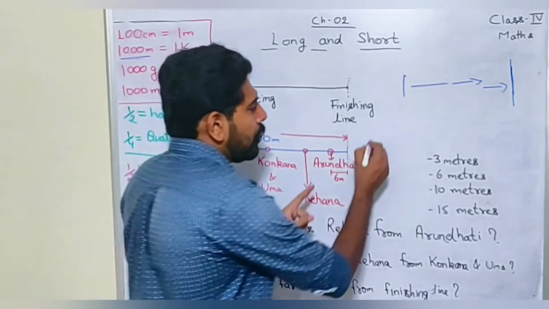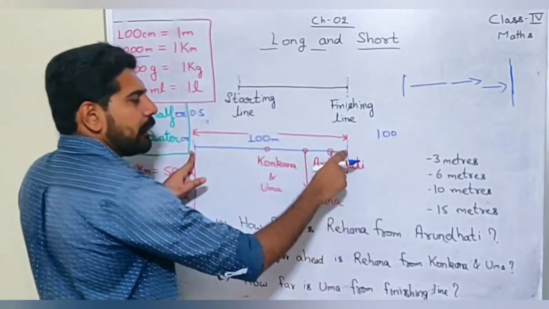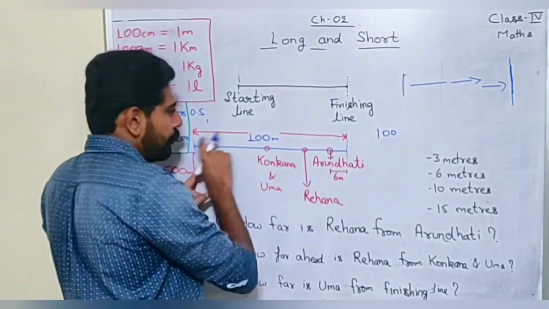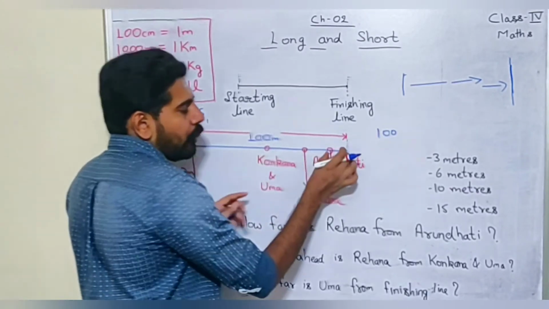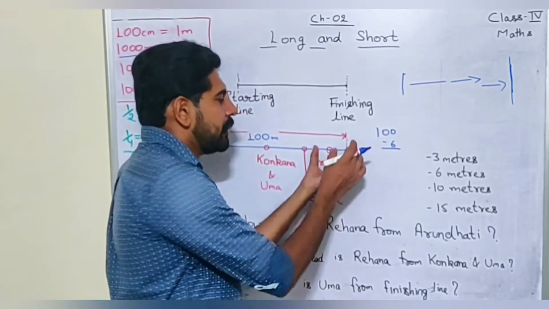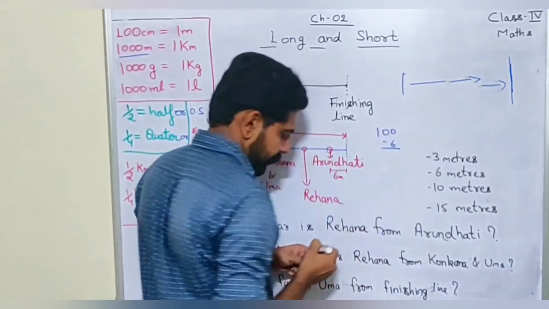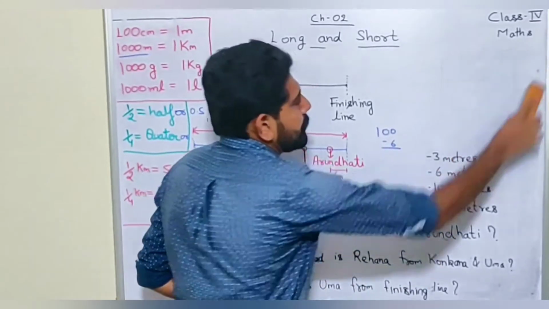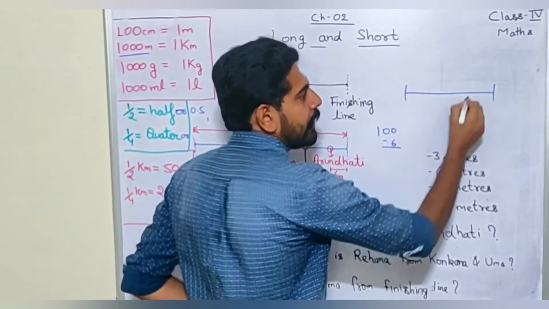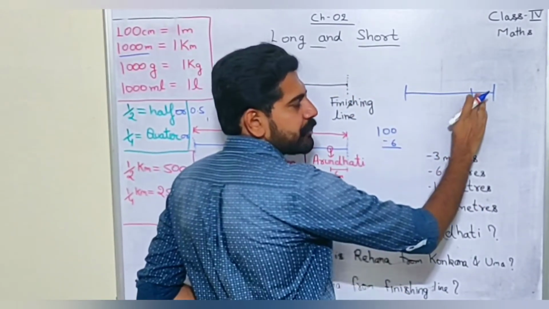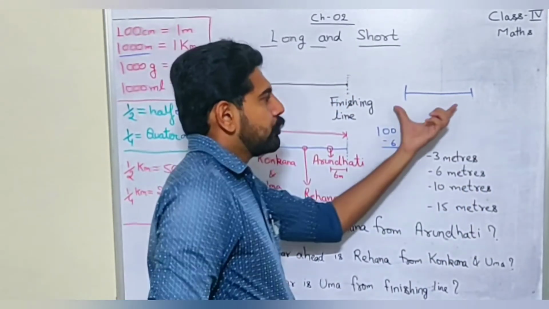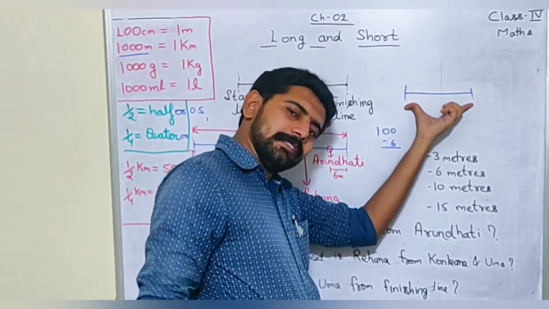Look. Total distance of the finishing line from the starting line is 100, from here to here. She has not run this part. That means if we subtract this part from the total, this is the finishing line, this is the starting line, this is Arundhati. If Arundhati has not run this part and we subtract it, this will be the part which Arundhati has run.